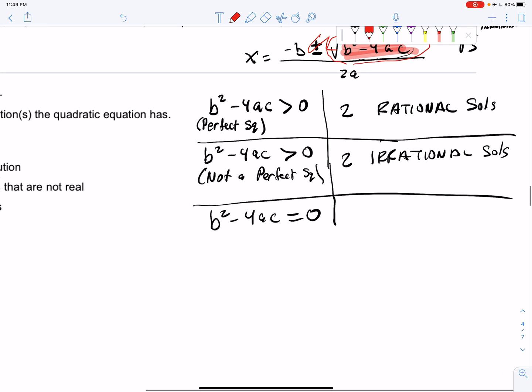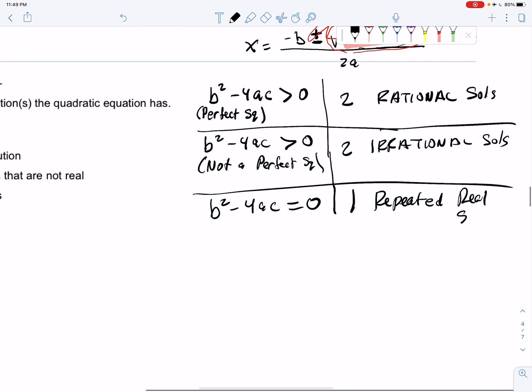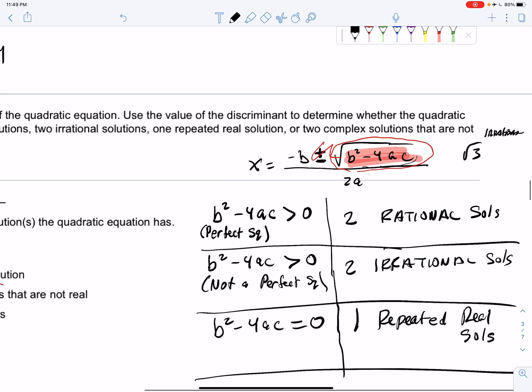So in this case, you're just going to get 1 repeated real solution. Okay, let me get rid of some of that stuff.